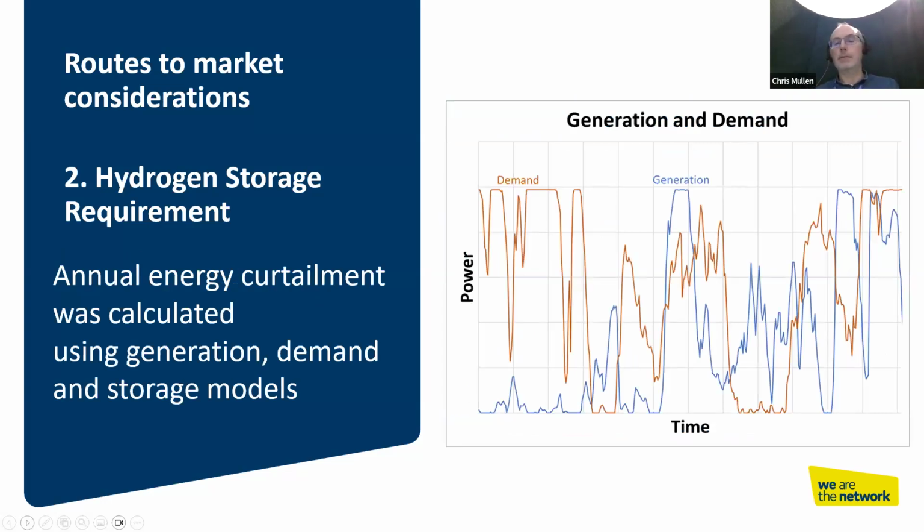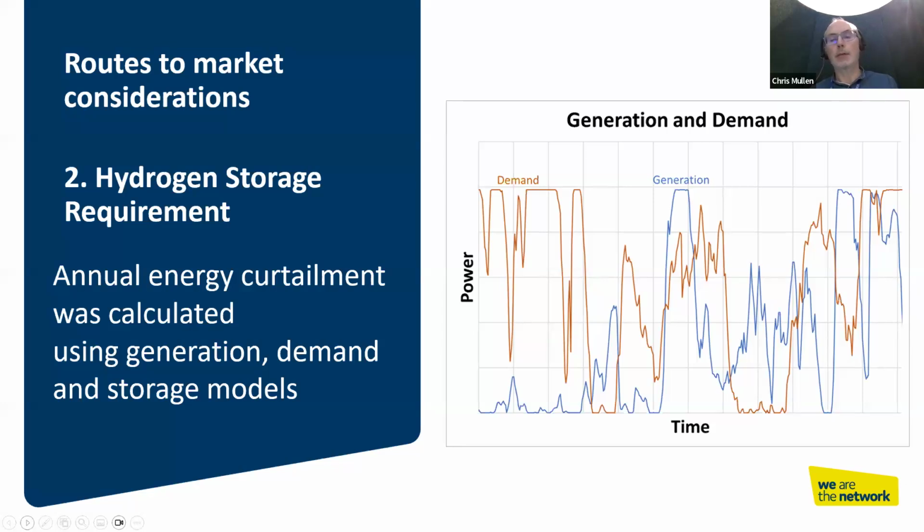So just to illustrate curtailment, we've got a fictional graph of demand in brown and generation in blue. You can see in the middle of the graph, we've got power versus time. In the middle of the graph, generation is exceeding demand.